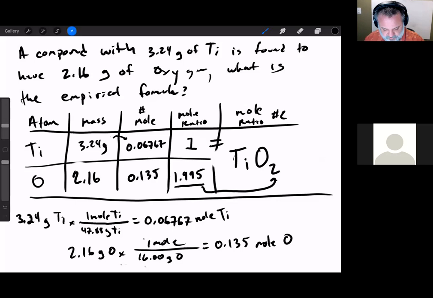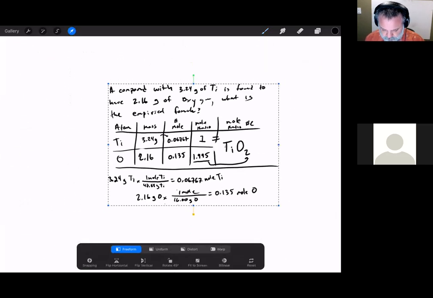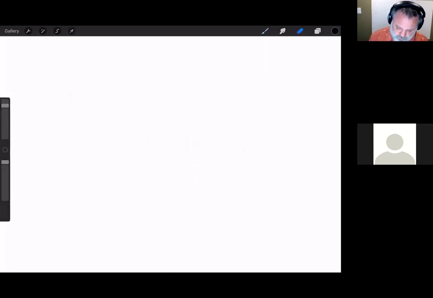All right, let's try another example. I'm going to do a bunch of these here. So I'm going to lean really close so that I can see it correctly.